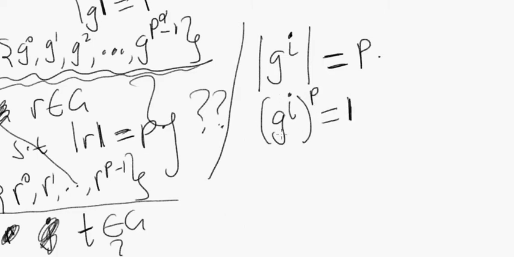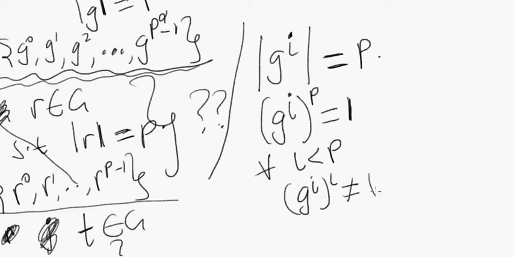Suppose we found some g to the i such that (g to the i) to the p equals 1, and for all natural numbers L less than p, (g to the i) to the L does not equal the identity. Suppose we prove these two statements. Would that be enough to conclude that the order of g to the i equals p?